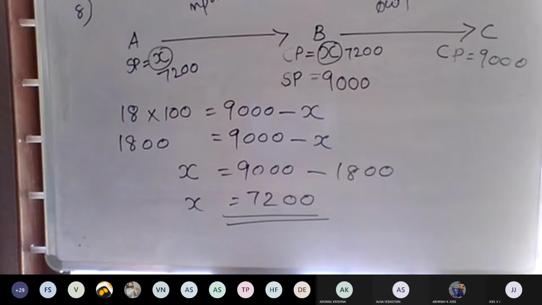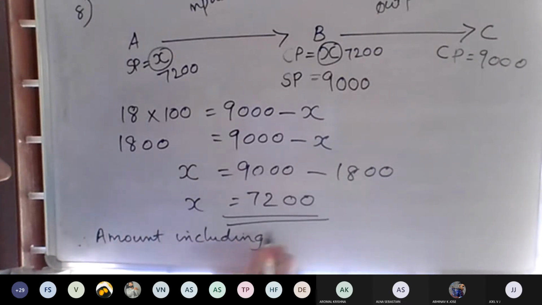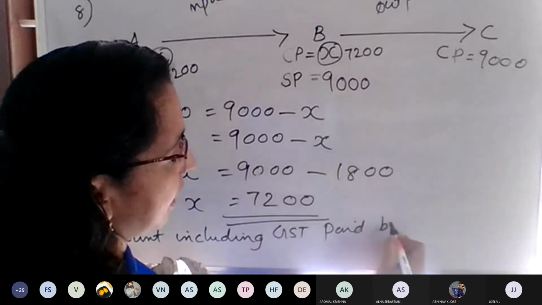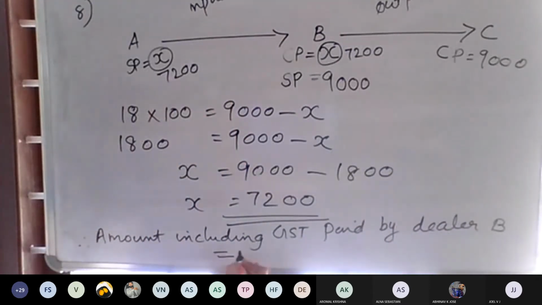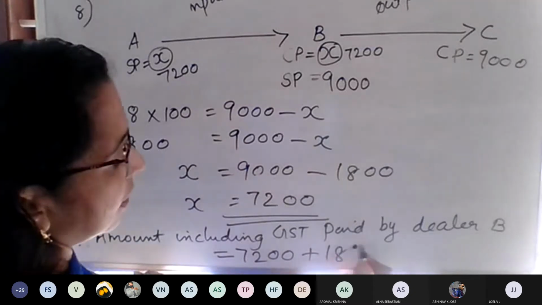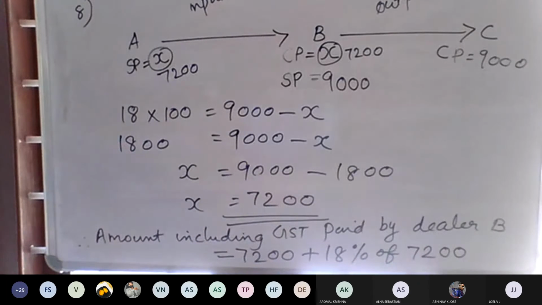Therefore, write down: amount including GST paid by dealer B is equal to 7,200 plus GST, which is 18% of 7,200. Do this calculation in the working column. That is better.